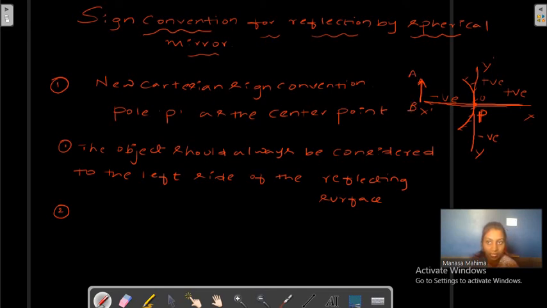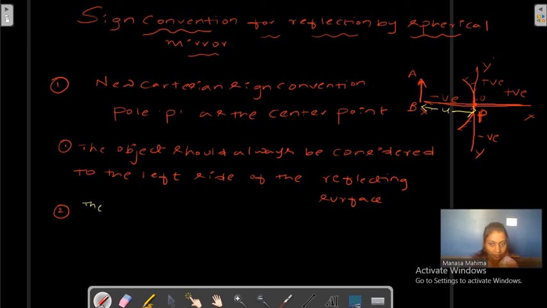I want to measure the distance of this object from the pole. How do I need to measure? I need to measure the distance like this from the pole. Generally, the object distance is denoted by the symbol U. That is the second rule. What is the second rule?